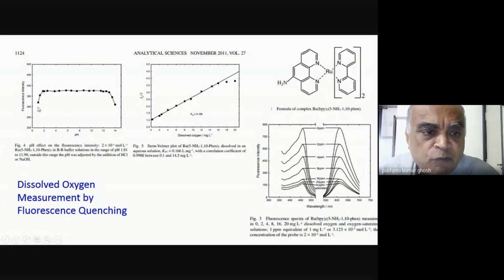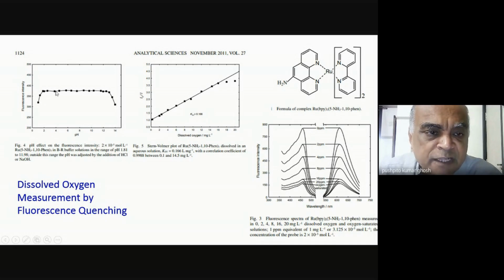So effectively, what this plot is telling you is the fluorescence intensity for a fixed concentration of this. Obviously, you're taking a fixed concentration of your fluorescing agent, and then you are monitoring this fluorescence intensity over a range of pH, in this particular case from pH 1 all the way to about 14.